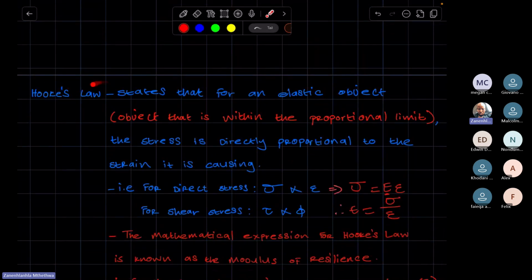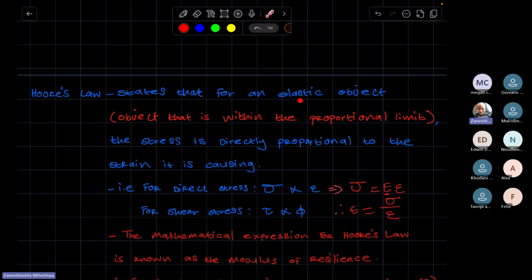Hooke's law states that stress is directly proportional to strain, but only where the material is still elastic. What is important here is that this is only satisfied when the object is still elastic.